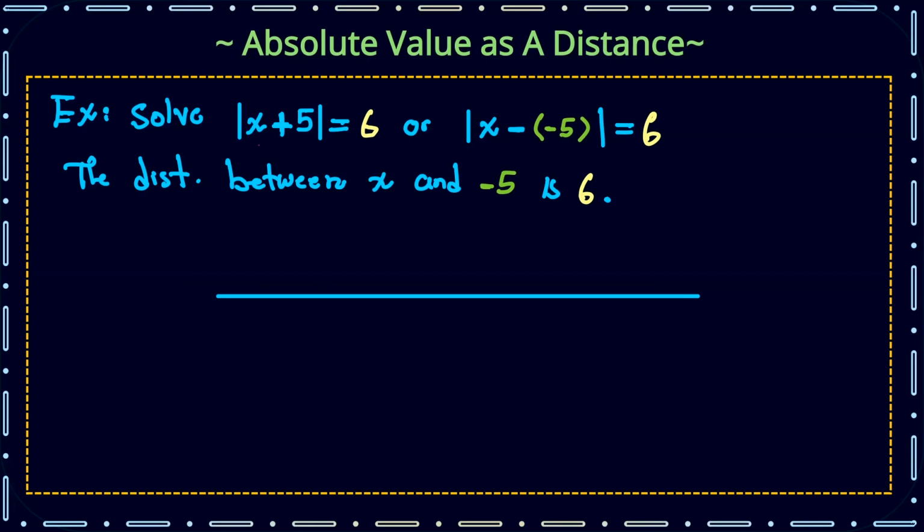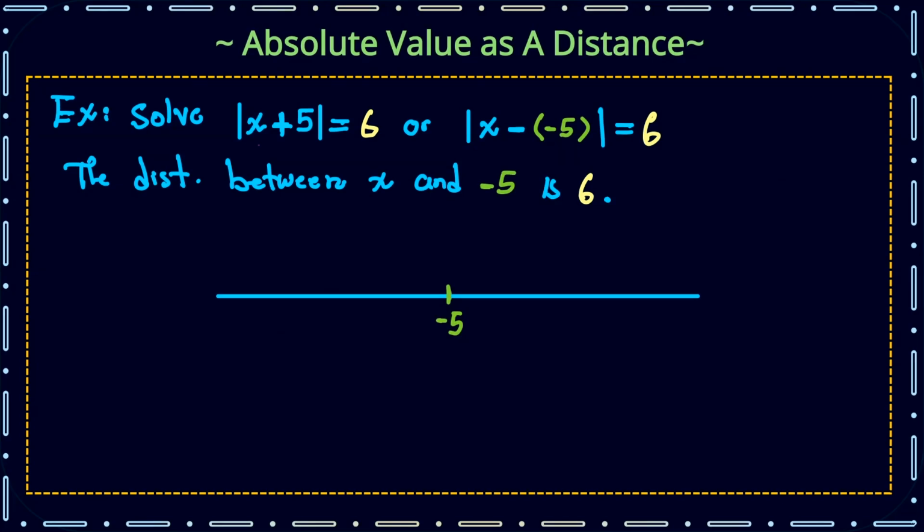We are measuring things from negative 5. You don't need to draw a full number line. I can just put negative 5 in the center of my number line. The location of negative 5 on the number line is not really relevant.